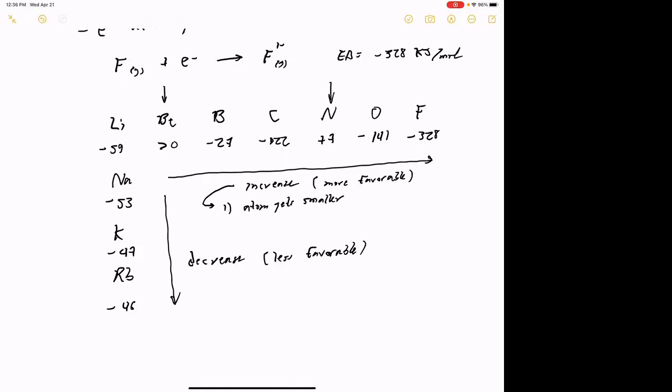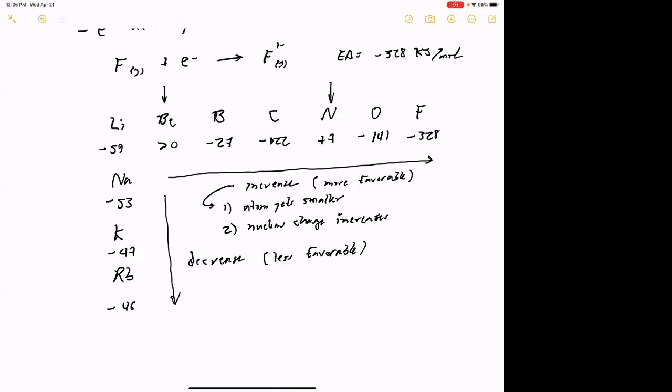Okay, and we could make the same argument we made before, where we can say that we're getting an increased effective nuclear charge. And again, that's due to the fact that as we move across the row, we're adding a new proton to the nucleus, so we're increasing the nuclear charge.